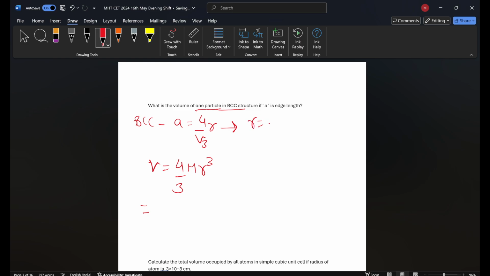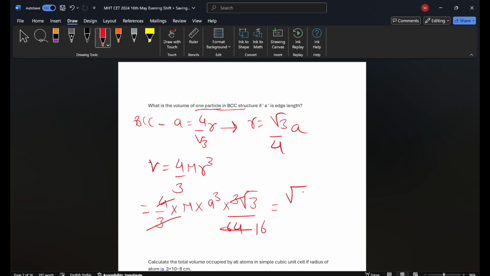R, we can calculate it as root 3 by 4 into A. So 4 by 3 into pi into r cube, means this cube will be a cube into 3 root 3 by 64. 4 ones are 4, 16 4s are 64, 3 ones are 3, 3. That is eliminated, and in the options you will find this root 3a cube by 16.